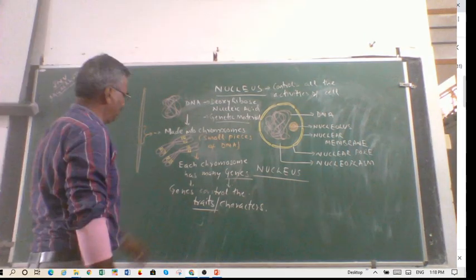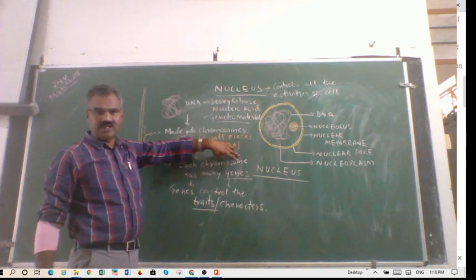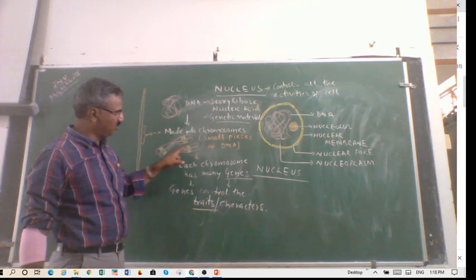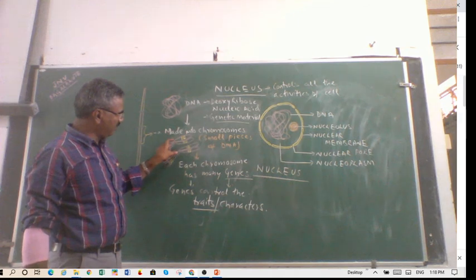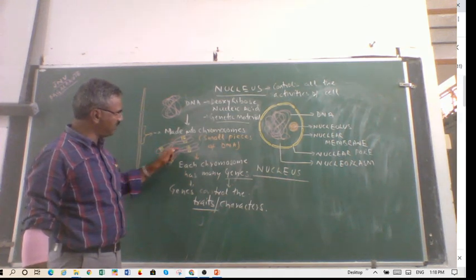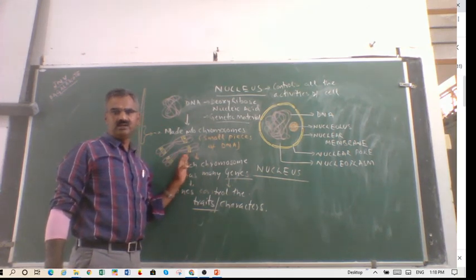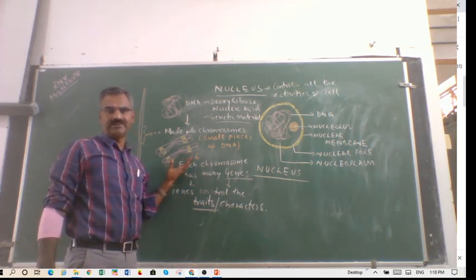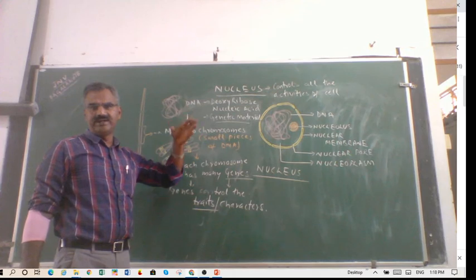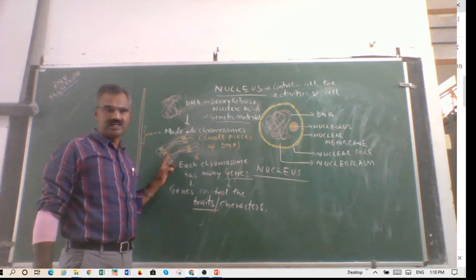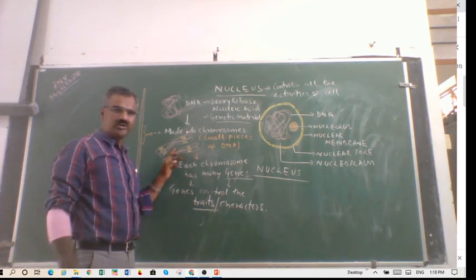Okay. So chromosomes are there, you know. This is one chromosome, let me say. In this, many genes will be present. Maybe 100, maybe 1000, minimum 270, and it can be around 800, 1000. That means one chromosome is controlling around 1000.